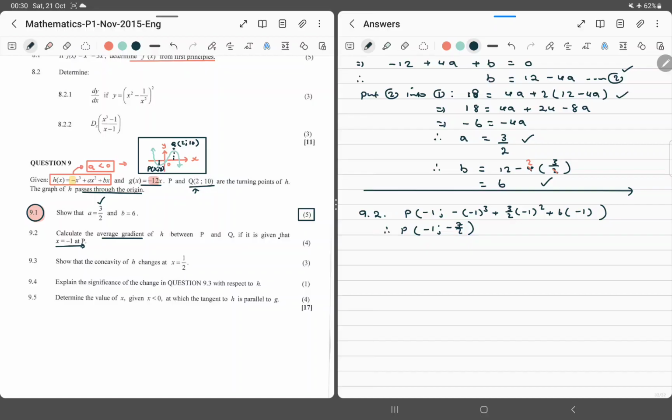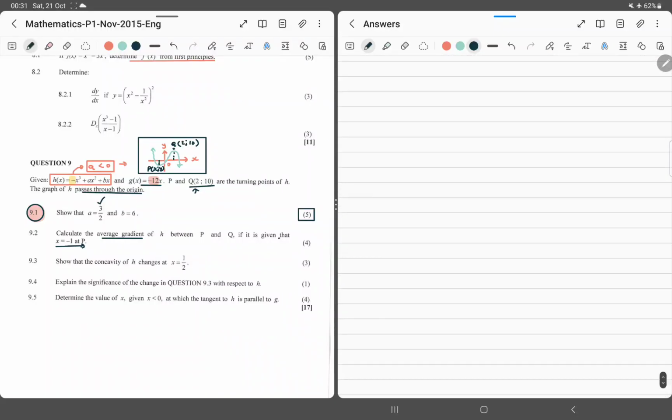on that turning point. So we know that the gradient between P and Q is going to be y at Q minus y at P over x at Q minus x at P. So what is that?